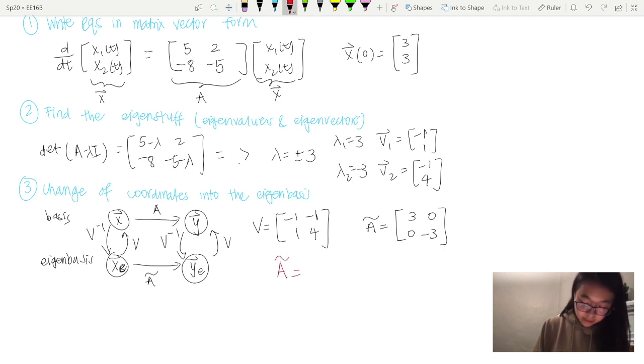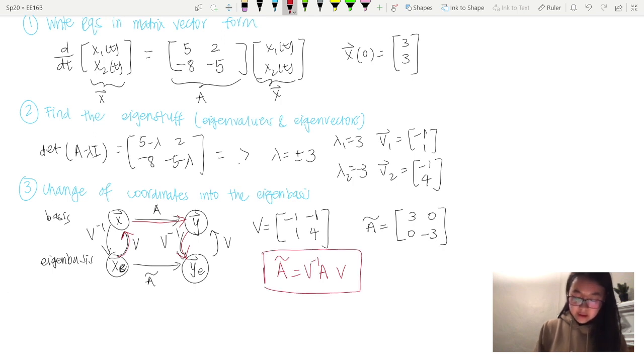Similarly to how we solved for A previously, you'd want to mirror those steps to find the appropriate equation for A tilde, which we find is V inverse A V. So this is definitely something to keep in mind.